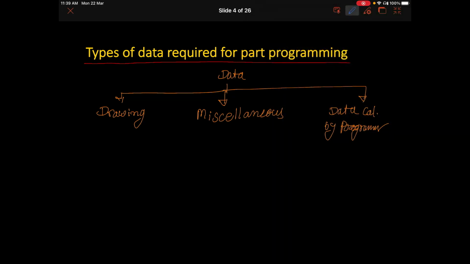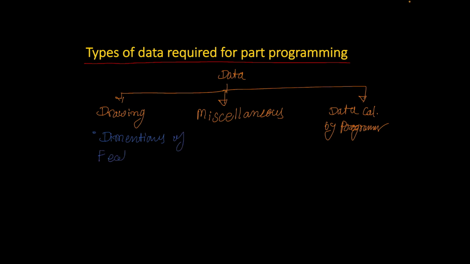So let us first discuss the data or information extracted from the drawing, that is basically the dimensions of features, like you have to cut the groove, slot, or drill the hole, then you have to know the appropriate diameter of the hole, that you can extract from the drawing.